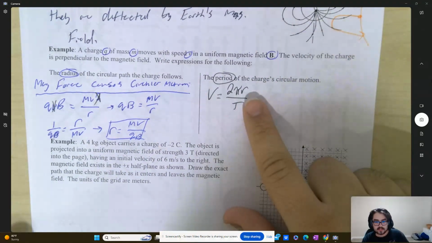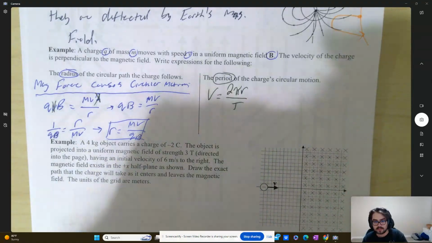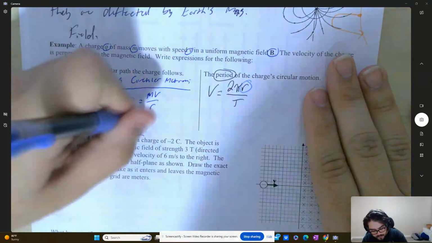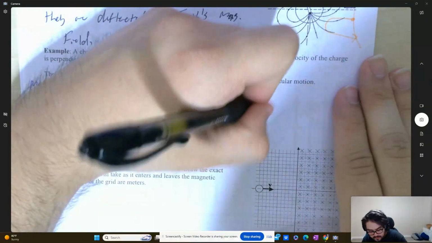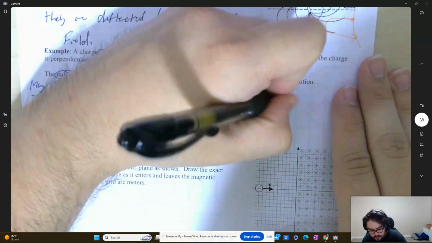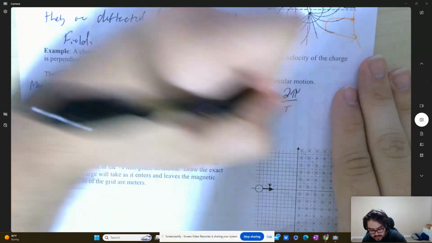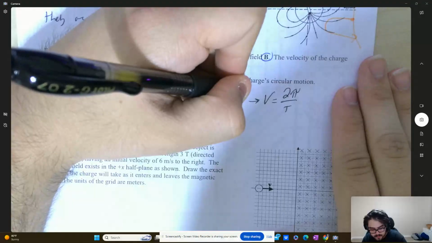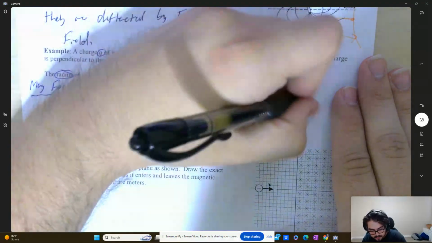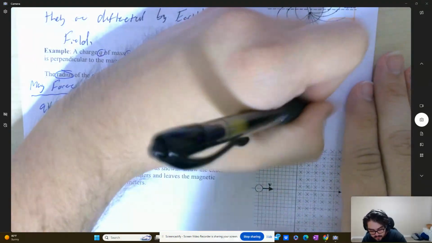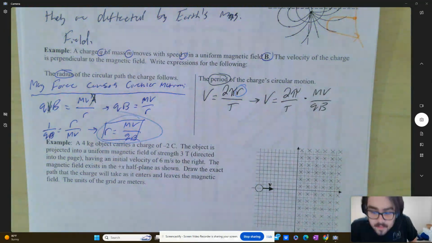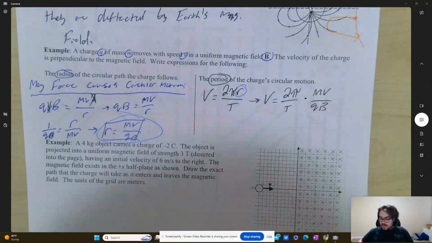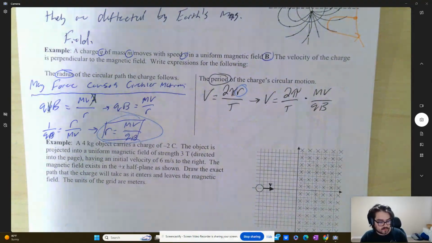So if we replace r with this expression that we just got, we can get a new expression, which is v equals 2 pi r over t times mv over qb. And these v's are actually the same, so we can cancel those out just fine.